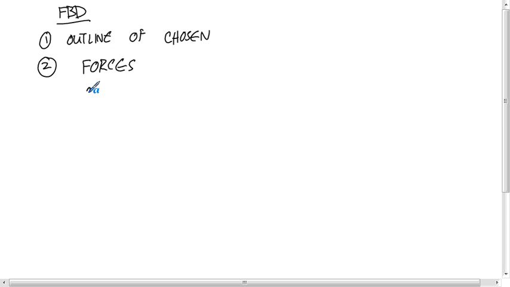So you're going to do that first by drawing an arrow down that represents the weight, the force applied by gravity. And then second, you're going to indicate all the contact forces, all the places where the chosen body is making contact with the outside world at its boundary.